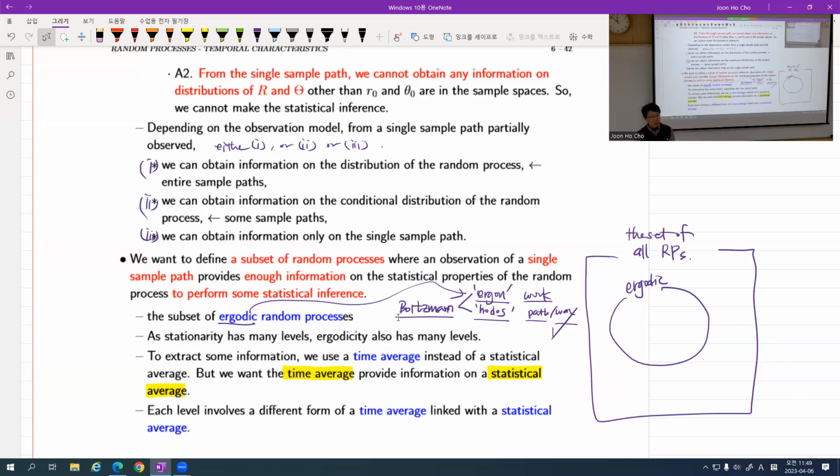Because people say that history repeats, and many people say that history looks like repeating, but never repeats in the same way. There is some pattern, but not exact, right? Anyway, we need some assumption to mathematically handle such a situation. So the ergodic assumption is very, very strong. However, sometimes there is no other way to handle a random process.